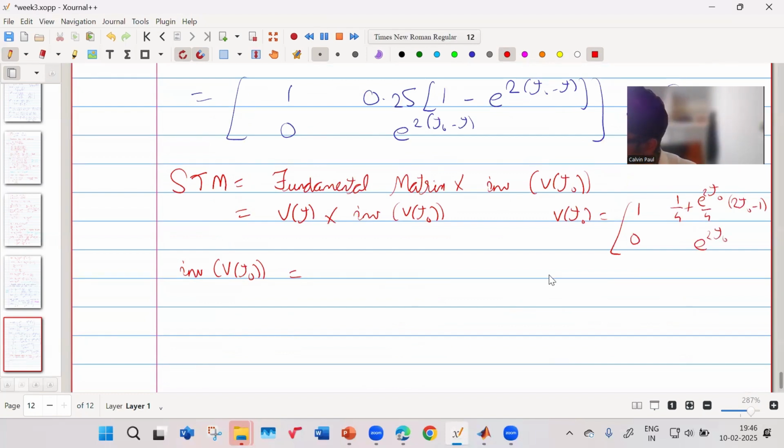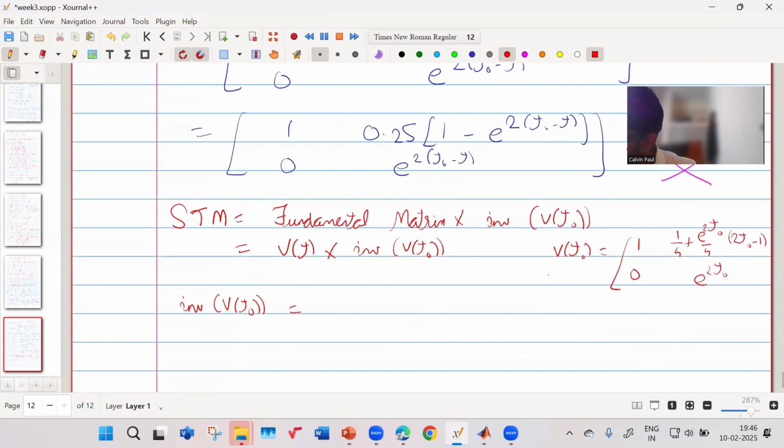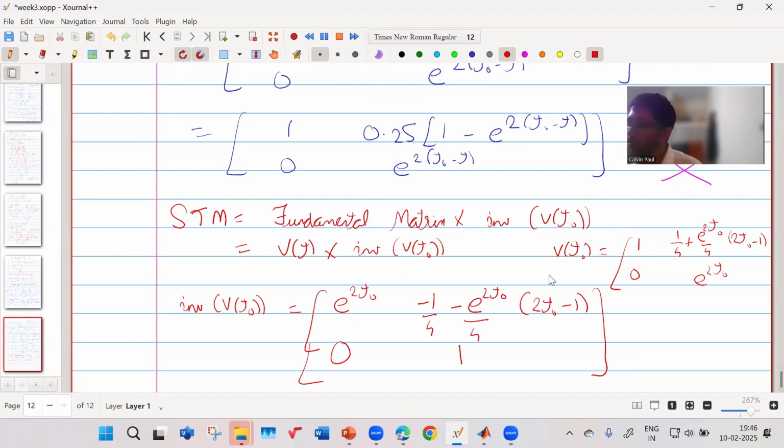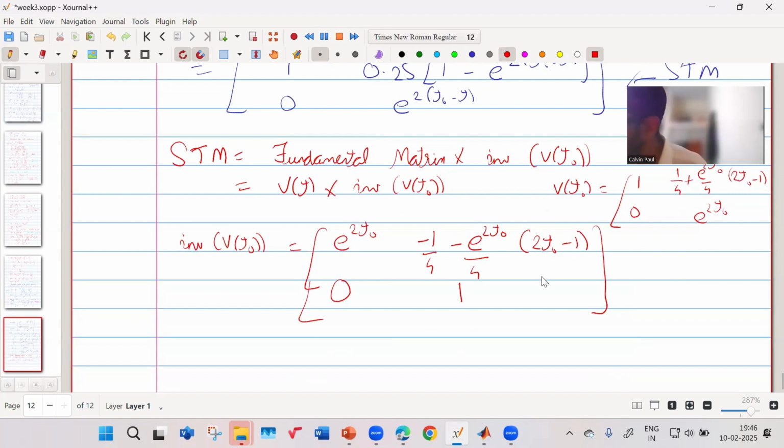Okay. So the inverse of v of t0 would be: e to the power 2t0 comes here and 1 will come here, and you interchange the sign of the off diagonal element. So this becomes 0. So this will become 1, minus 1 by 4 minus e to the power 2t0 upon 4 into (2t0 minus 1), right? Upon e to the power 2t0.